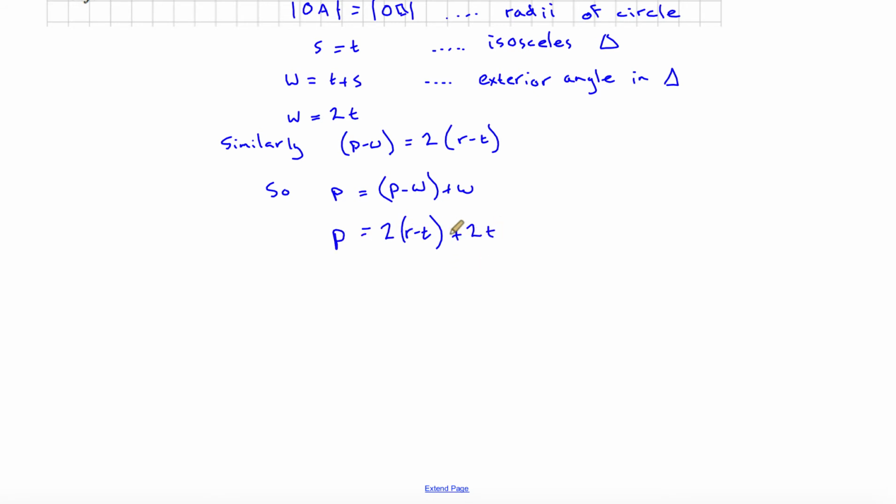So P is equal to twice R minus T plus twice T. If we tidy this up and multiply this out, 2 by R is 2R, 2 by minus T is minus 2T, and we still have our plus 2T. So we end up with 2R minus 2T plus 2T. The minus 2T and the plus 2T cancel, leaving me with P is equal to 2R, which is what I was asked to prove.